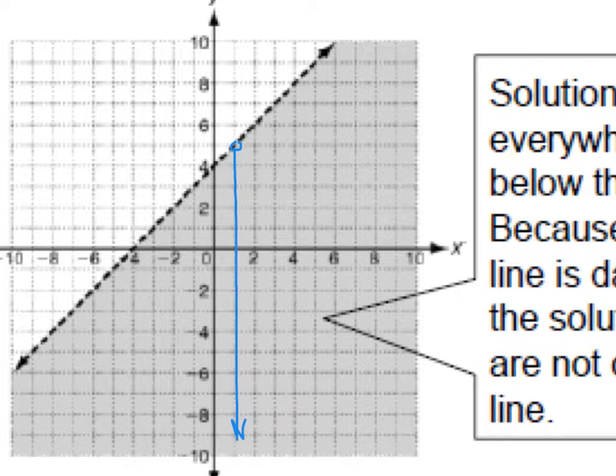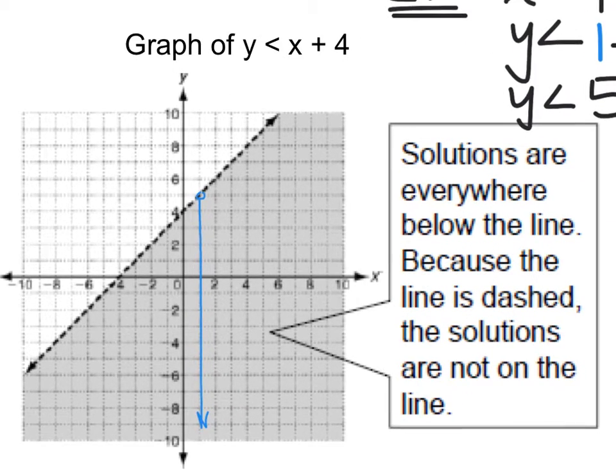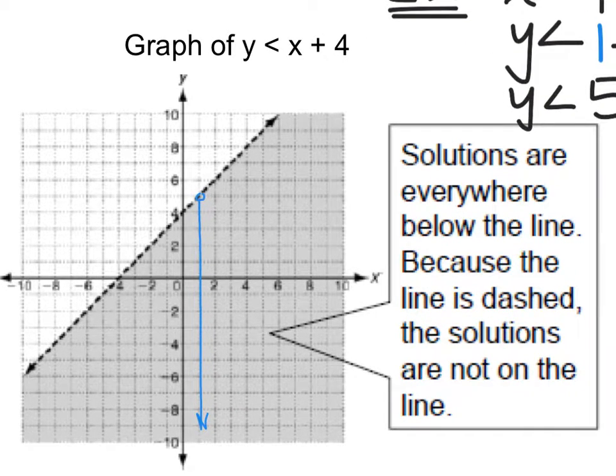But then if I had, let's say, an x value of 0, if I plug in a 0 to my inequality for x, plug in a 0 here, what do I get? 4. So y is less than 4. So using the same idea, I'd be looking at open circle at 4 going down.